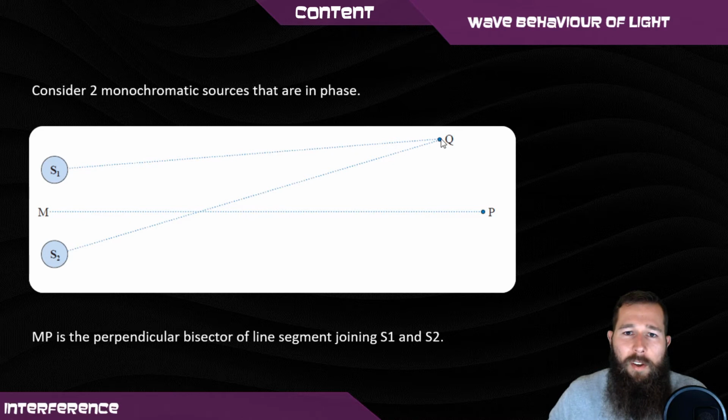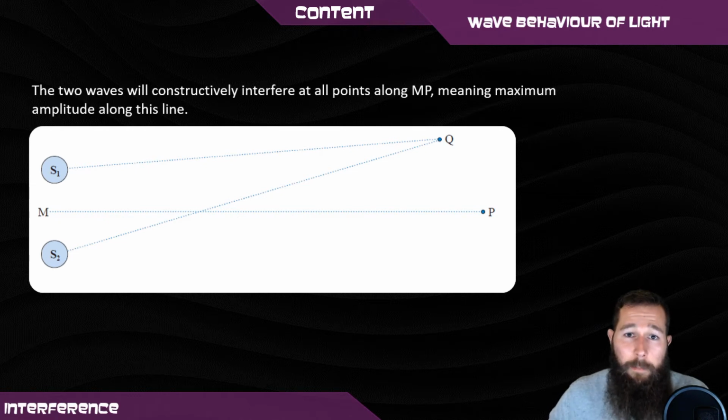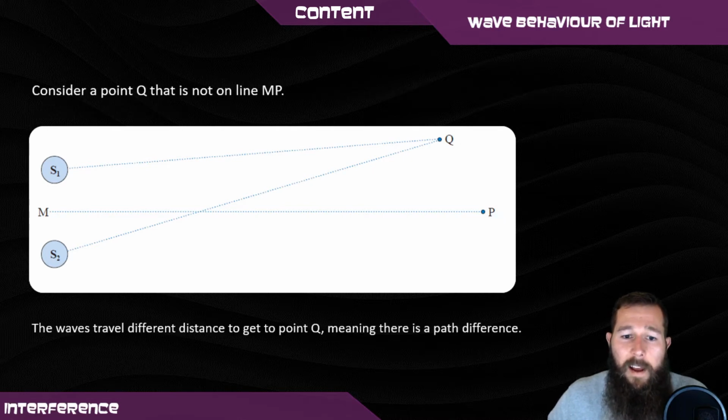Now point Q is an arbitrary point away from the bisector. So along that line MP, any crests emitted from S1 will meet crests from S2 because they're the same distance away. Okay, so all along MP, you'll have that constructive interference. Now at that point Q, which could be anywhere, there's a path difference from S1 to S2.